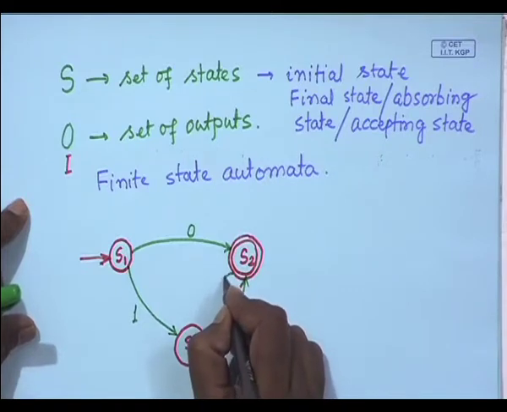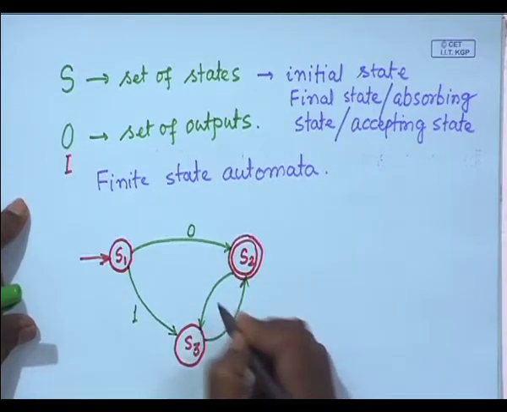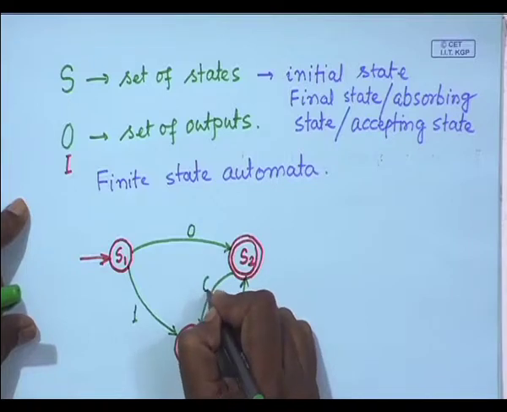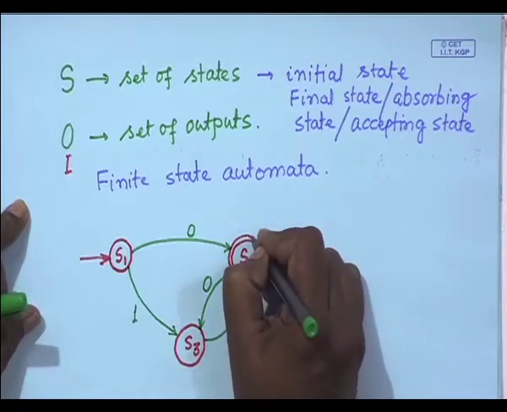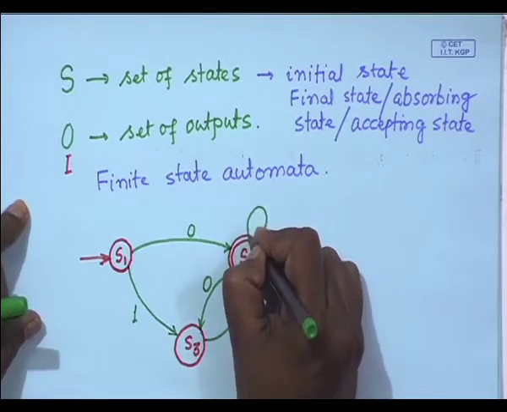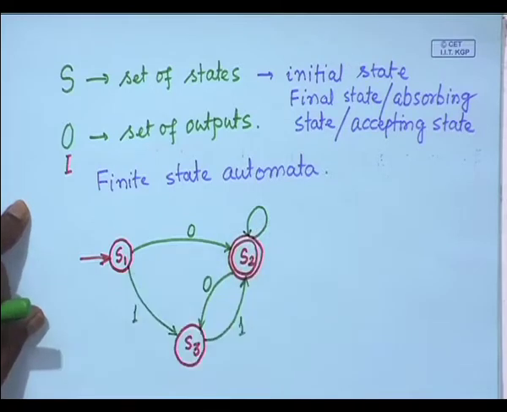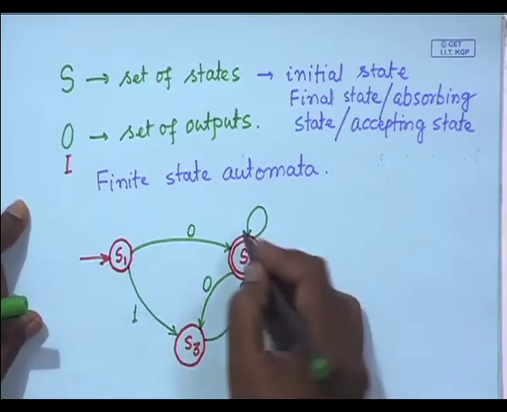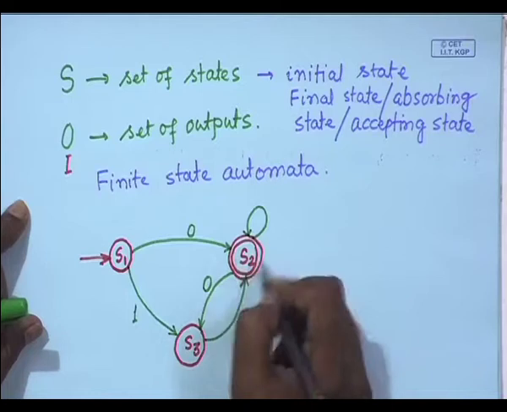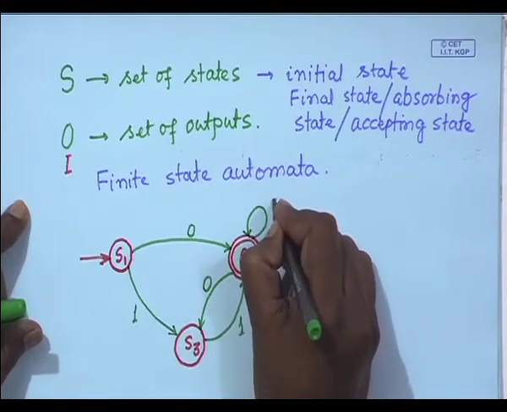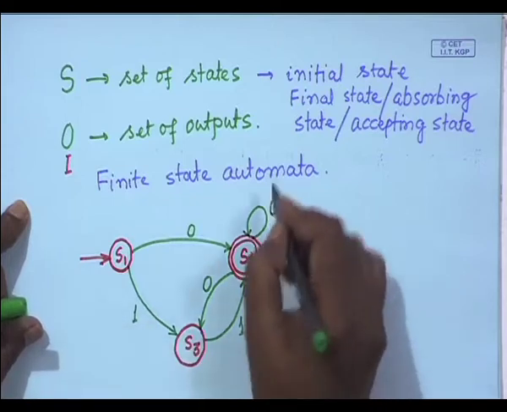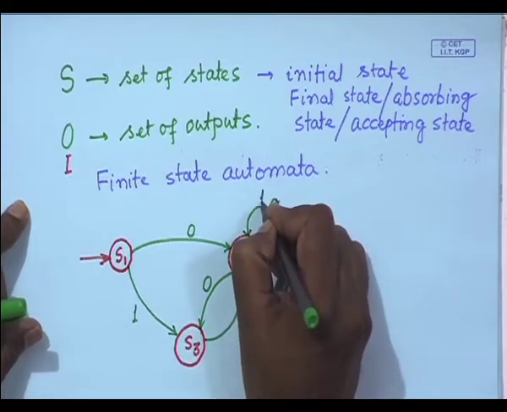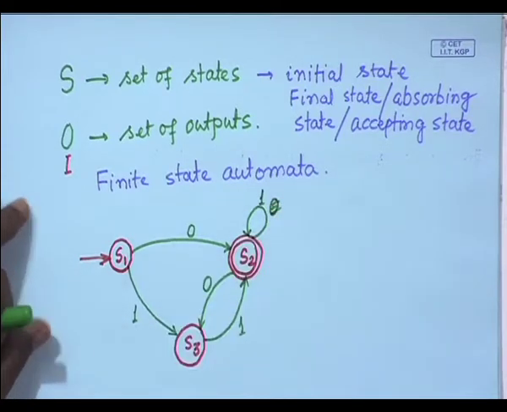It can also make a transition from S2 to S3 and for this transition it can output a symbol which is 0. It is also possible that the machine will have a self transition, a self loop, and in this case I can have something like this. From S2 I can have a transition to S2 itself and for that it will output a symbol, let us say 1. Okay.